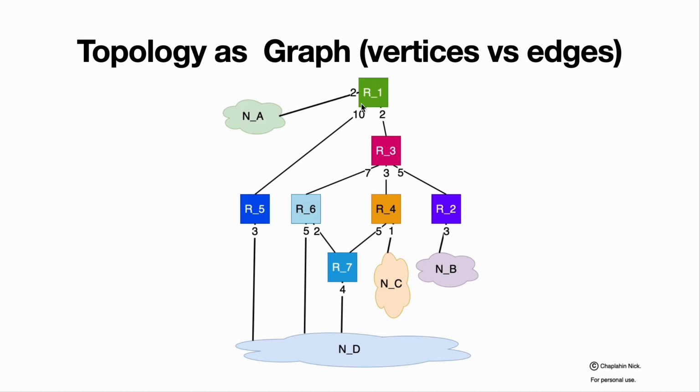It means that cost specifies how costly it is to send traffic from the egress interface to the next hop, or to the network if this is a connection with a network. In this case, it is cost 10 to send traffic from R1 to R5, 3 to send traffic from R3 to R4, and 4 to send traffic from R7 to network D.